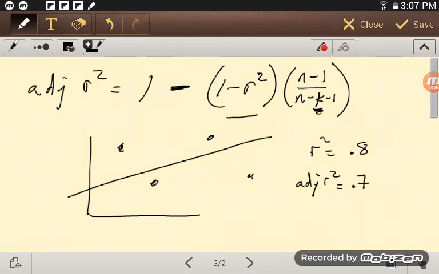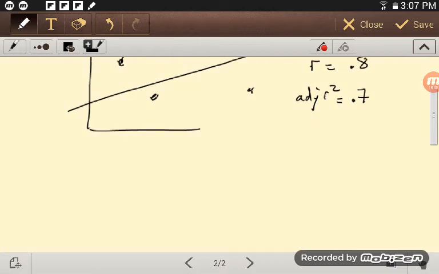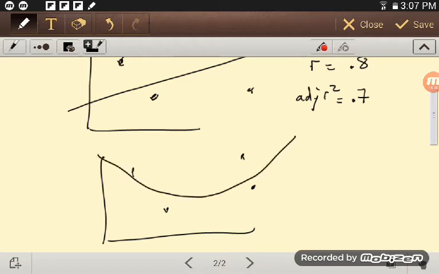Now, what can happen though is that I go to a quadratic, and same data, and maybe it would look like that, and we get an R-squared of maybe 0.85, and then when we do the adjusted R-squared, we may see that that's, let's say, 0.75.